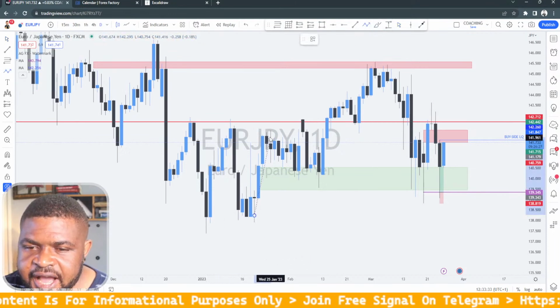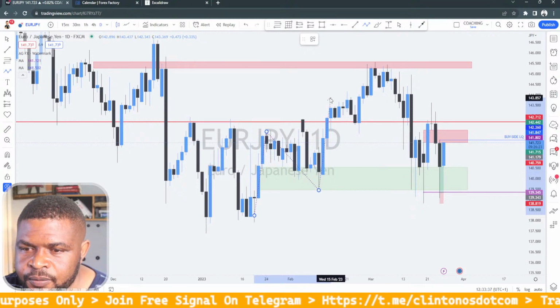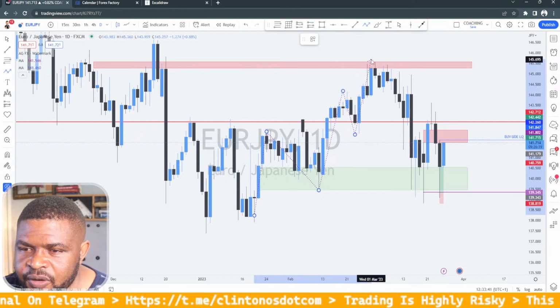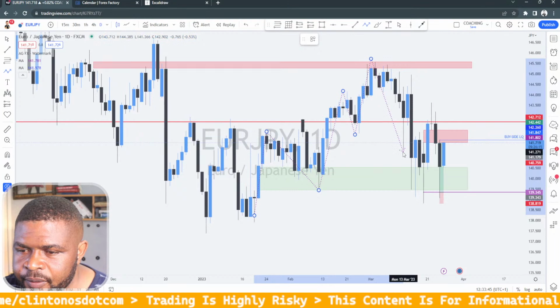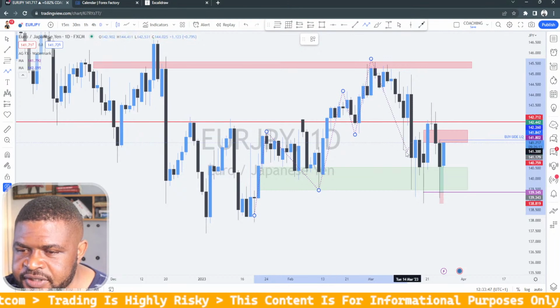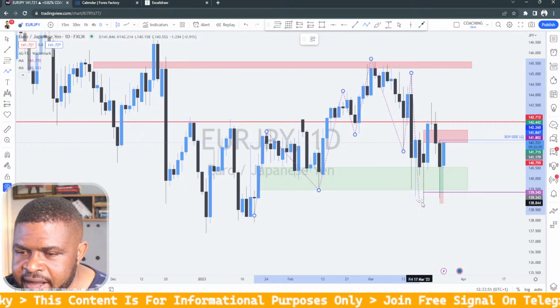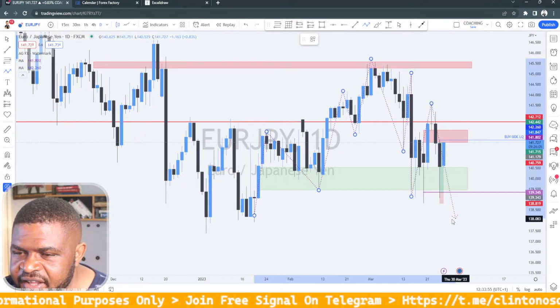Like this is the high, higher low, higher high, higher low, higher high. What happened right there? That's the violation. Low, lower high, lower low, lower high.